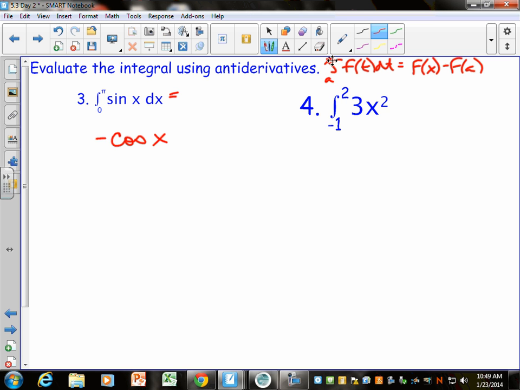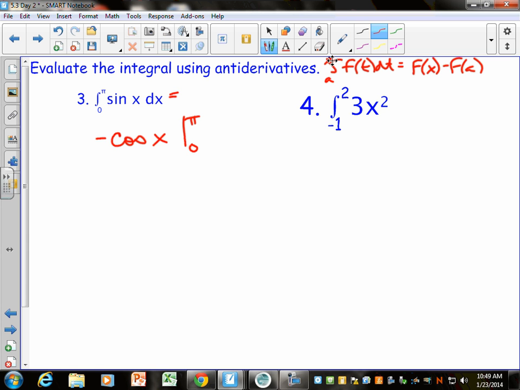No plus c when you have bounds here. Notice on the ones we did at the beginning there were no bounds. And how do we show we're evaluating it from 0 to pi? We draw a little line and we say from 0 to pi. No, the integral, right? The antiderivative. Like this is the derivative and you're going backwards.